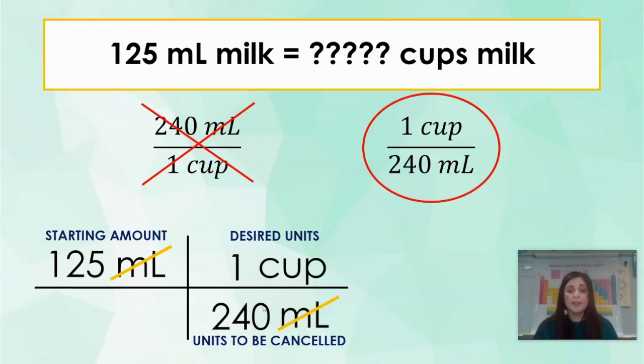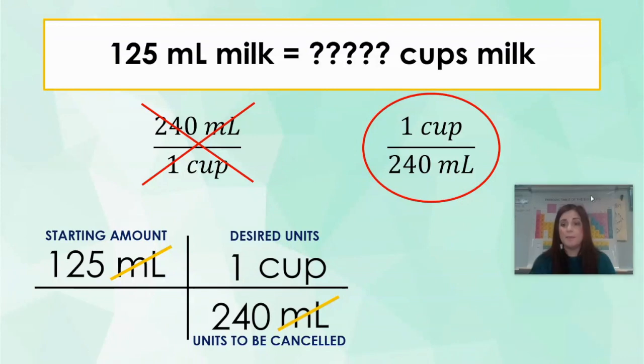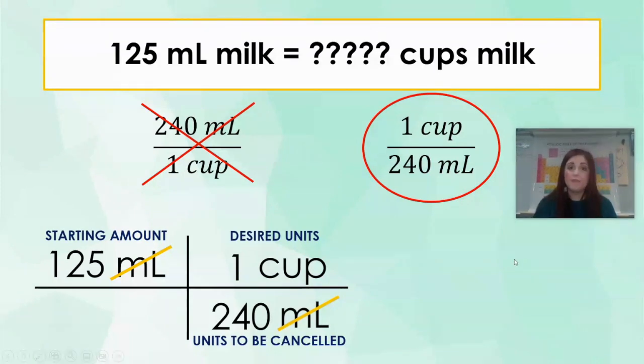In order to finish solving this, I'm going to have to move my picture over here. What we would do is put a placeholder of 1 in this bottom section. I'm getting ahead of myself. We'll put a placeholder of 1. Technically, you don't need anything in that bottom left-hand corner, but sometimes I do like to put a 1. And then I would solve. The way I solve this particular problem, I like to multiply straight across first.